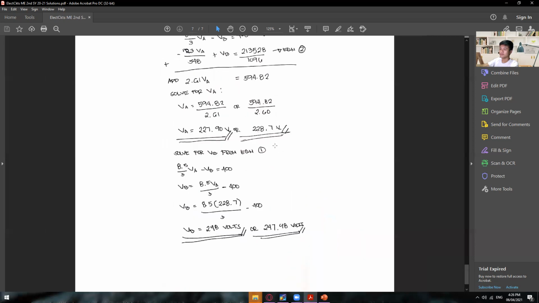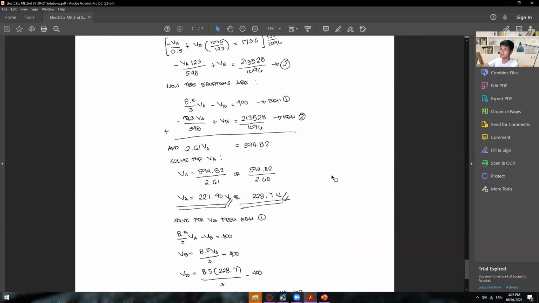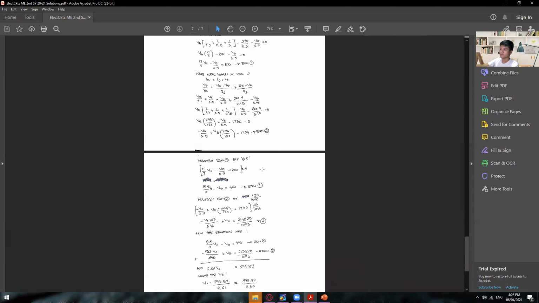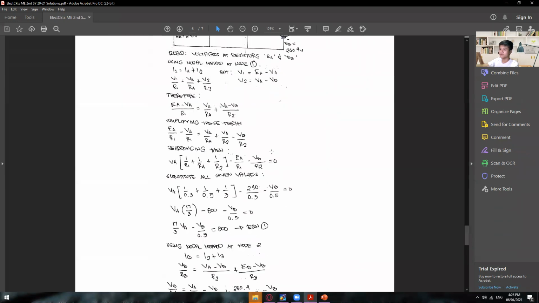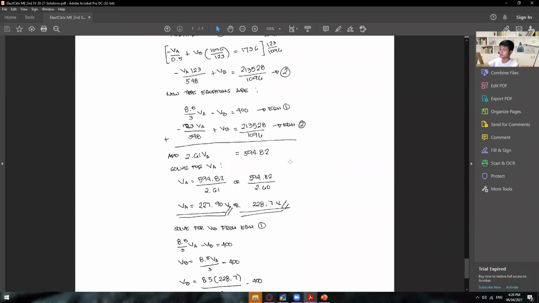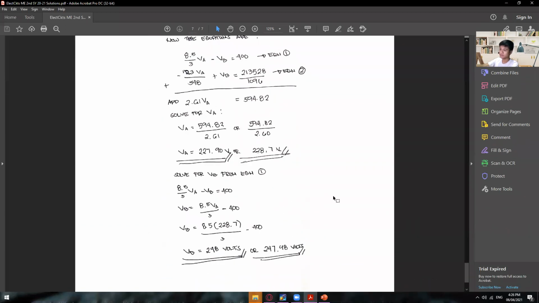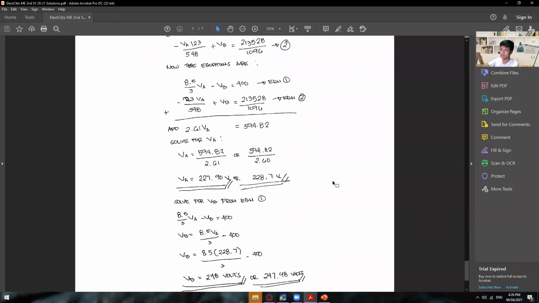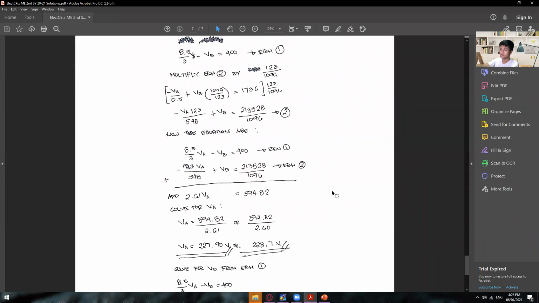Anyway, so those are the solutions for your midterm exams. So I hope you guys were able to follow my solution. So again, if you guys are confused in some part, let me know so we can discuss the part on how did I get that equation or that expression.